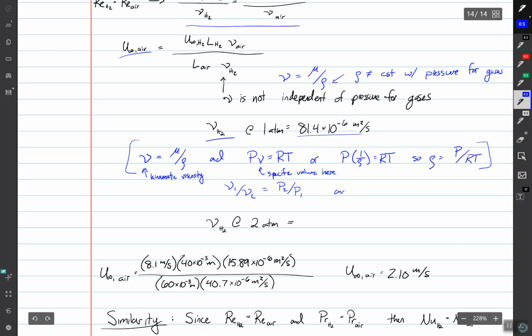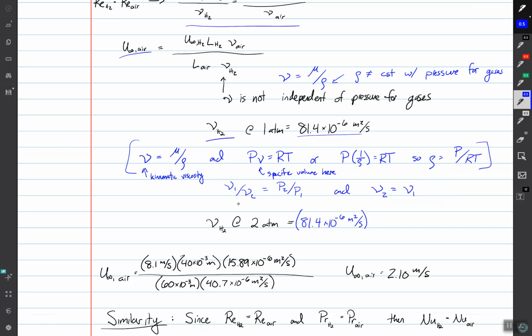So we can use this equation, solving for V2. V2 equals 81.4 times 10 to the minus 6 meters squared per second. Okay, sorry, I'm finding mistakes in my notes. I did this wrong.